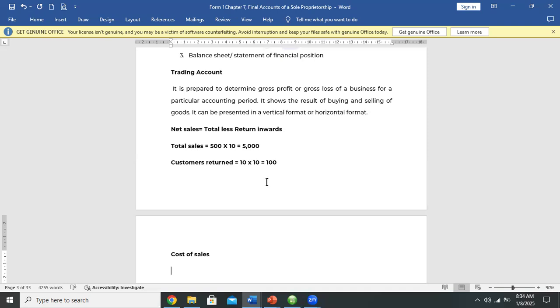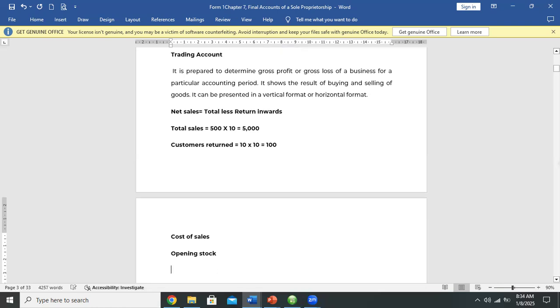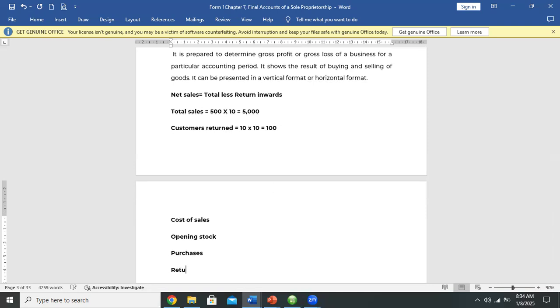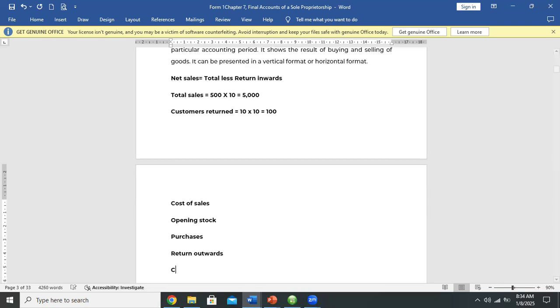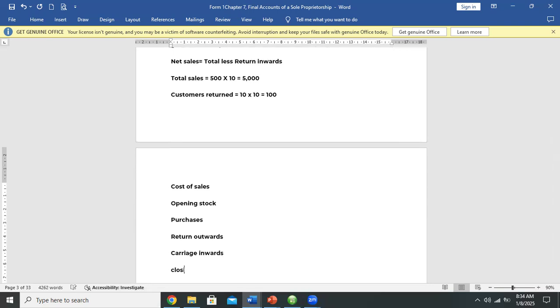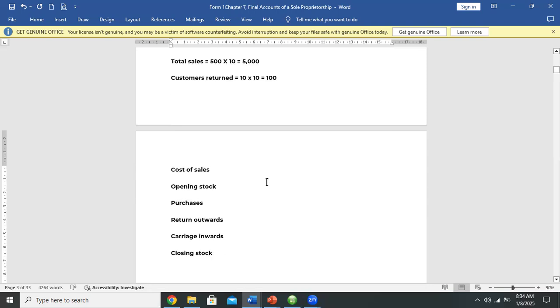Okay, now for you to calculate your cost of sales, you will need the following. The first item is your opening stock. I'll list them for now. When we rejoin the second session, I would explain them one by one. You need your opening stock, you need your purchases, you need any return outwards, any carriage inwards, you need your closing stock, then you need any direct trading expense.